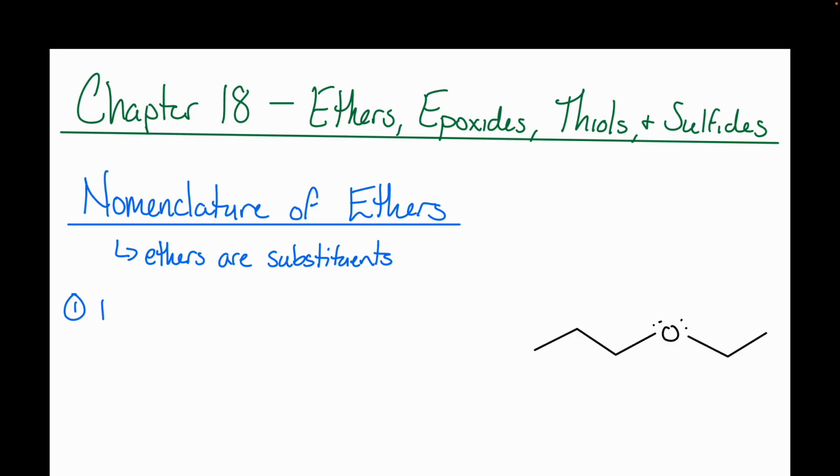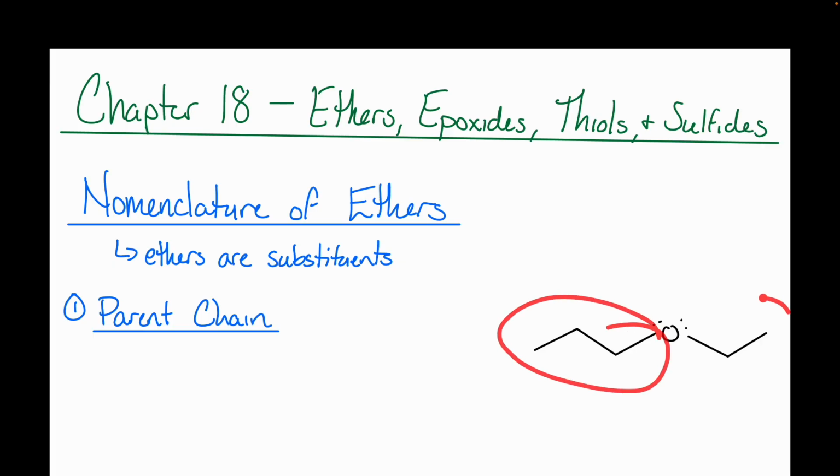All right, so step one, we got to find and name our parent chain. But with ethers, we have these two alkyl groups on either side of our oxygen, right? Remember, by definition, an ether has an oxygen that's bonded to two different alkyl groups. All right, so when we figure out what our parent chain is, we're going to compare those two alkyl groups.